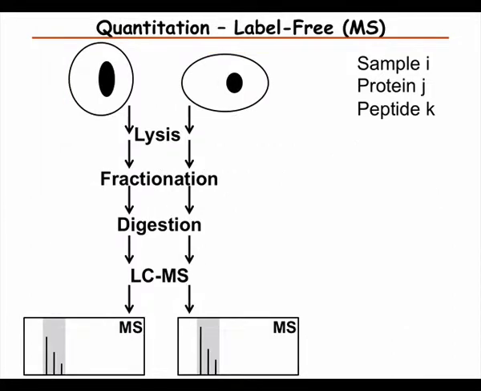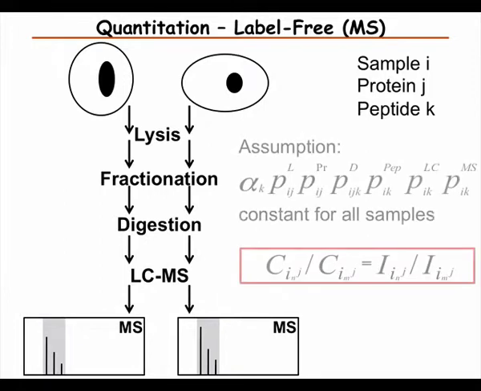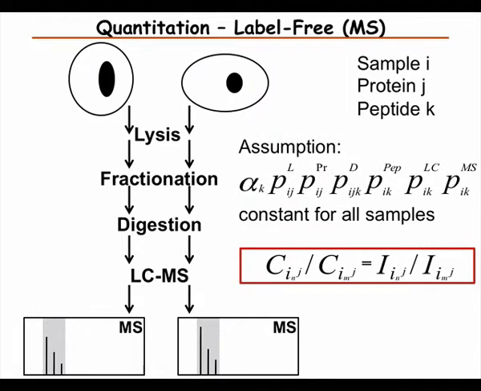So one thing we can do is what's called label-free quantitation, where you try to keep all the conditions as constant as possible and analyze one sample after the other and then compare them. Now, of course, it's not easy to do that, especially if you have many samples.